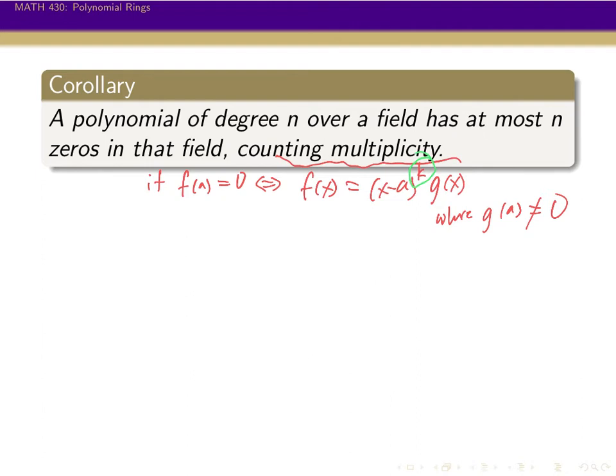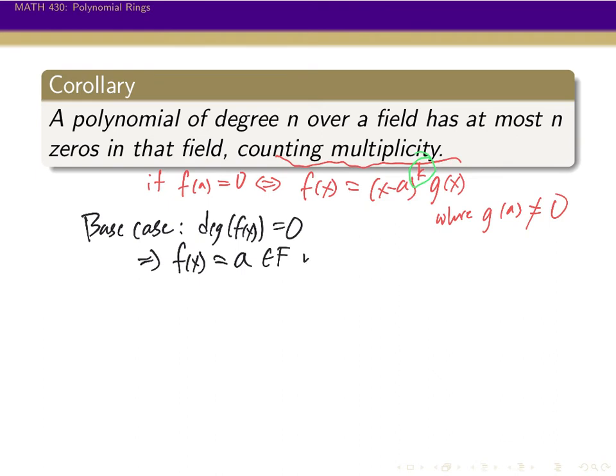Okay, and we're going to do this by induction. The base case is degree of f(x) is 0. If the degree of f(x) is 0, that means that f(x) is equal to some a in the field with a not equal to 0, because it has degree 0 and not degree minus infinity.